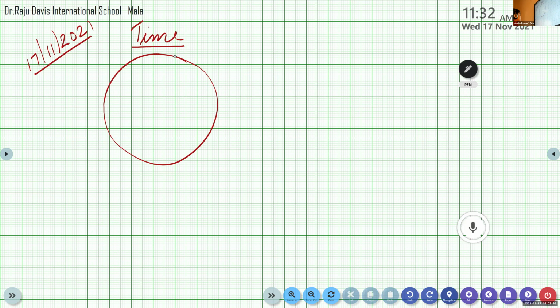Heading is time. Heading right. Yes, you have to write it. After that only you have to draw the clock. Ma'am, the clock is not coming. Yes, I draw only the circle. The circle is not coming and the heading too. Maybe the network issue, Kritika. You wait a minute. It will come. Okay.